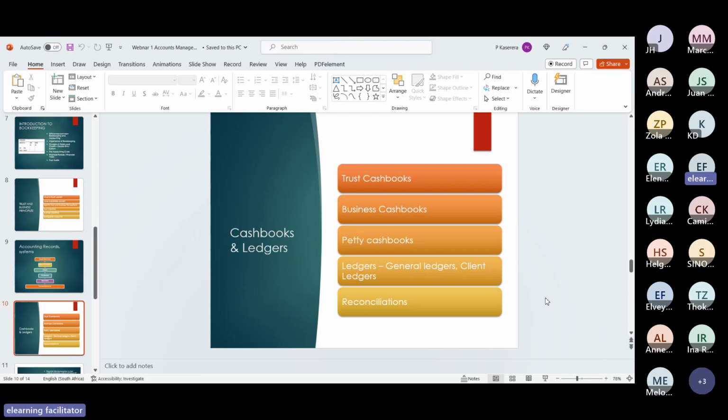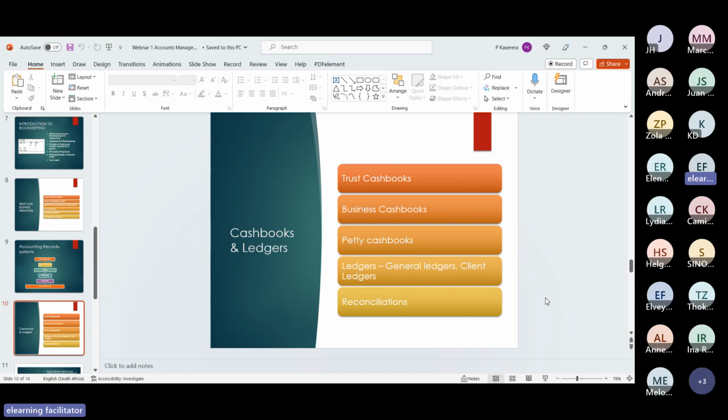Cash books basically mirror our bank statements, our bank accounts, which means that for each bank account that the firm has, say, for instance, we've got 2 trust accounts, then the practice or the firm has to have those 2 cash books, because we cannot record everything in one cash book.